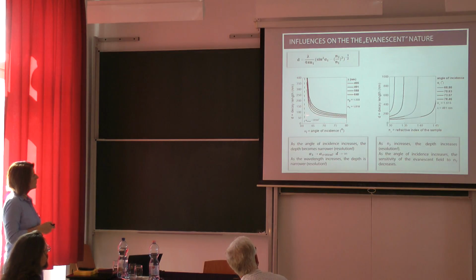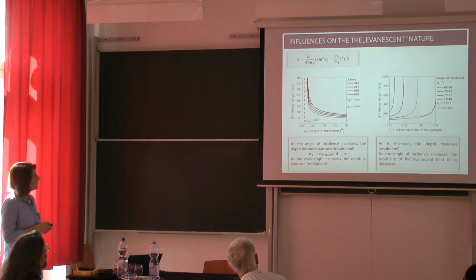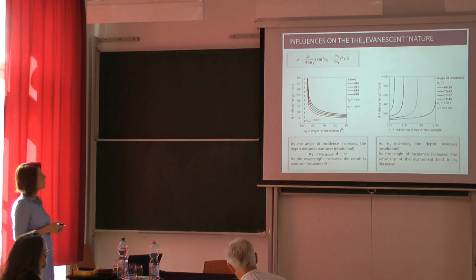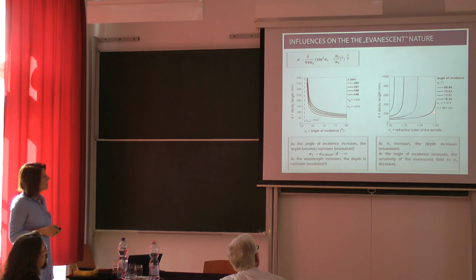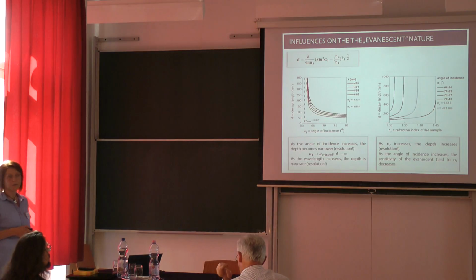With more flexibility, you can set higher angles of incidence, you can get a narrower evanescent field, so you can have a better resolution in TIRF microscopy. The other thing is shown here: if you can set higher angles of incidence, you get less sensitivity of the evanescent field to the refractive index of the sample.